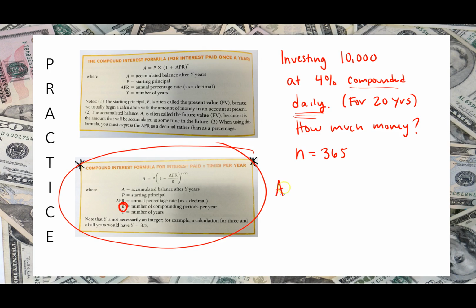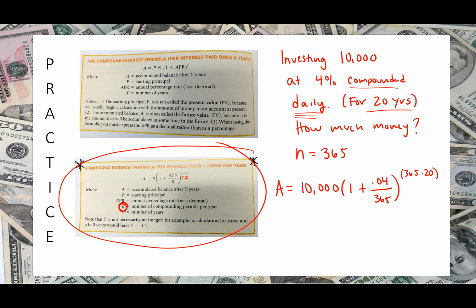So let's do this. We've got our amount is equal to 10,000 times 1 plus our APR, which is 0.04, divided by 365, raised to the power of my n, which is 365, times how many years? Well, this says for 20 years.